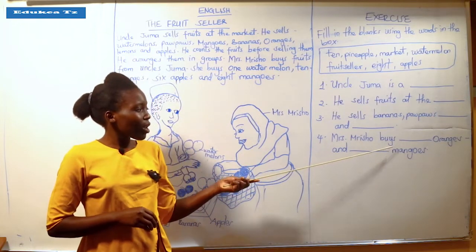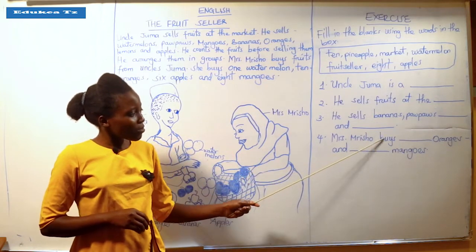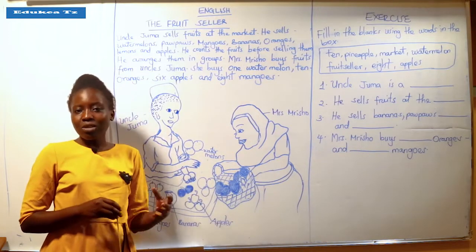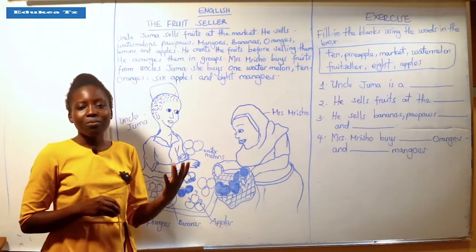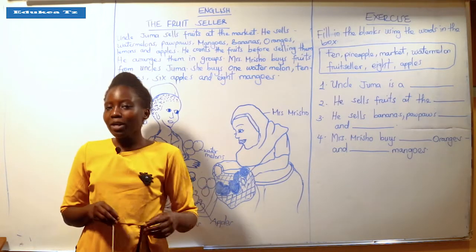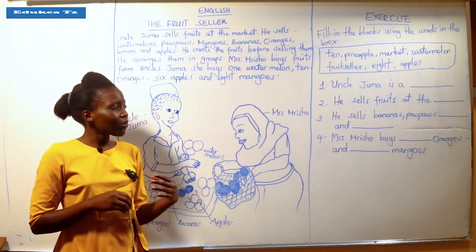So here you are required to answer, for example, Mrs. Mrisho buys dash oranges. How many oranges does Mrs. Mrisho buy from Uncle Juma? And dash mangoes. How many mangoes does Mrs. Mrisho buy from Uncle Juma?